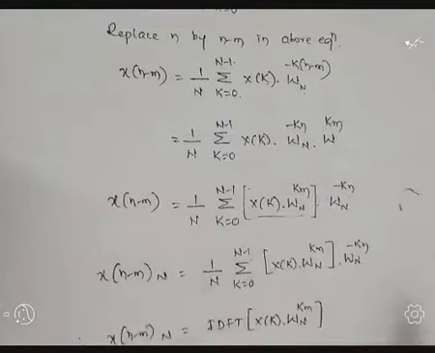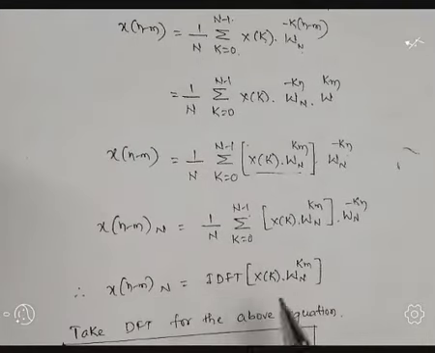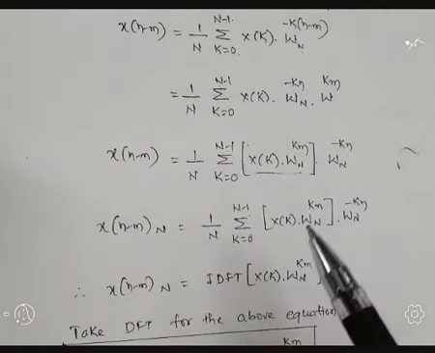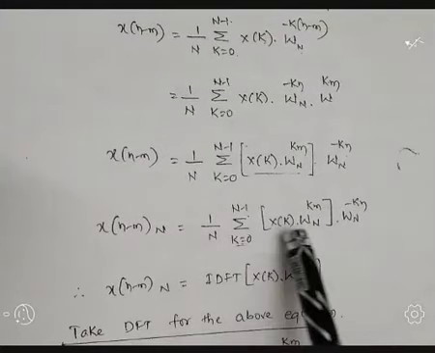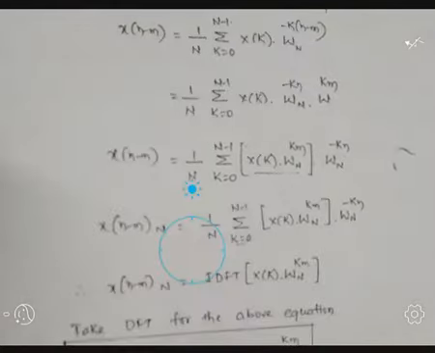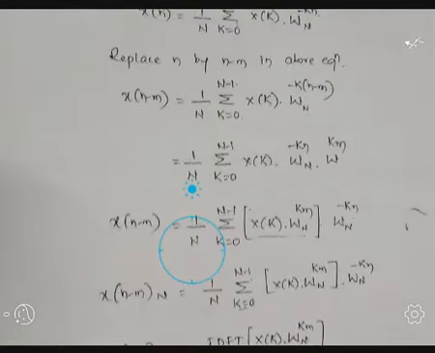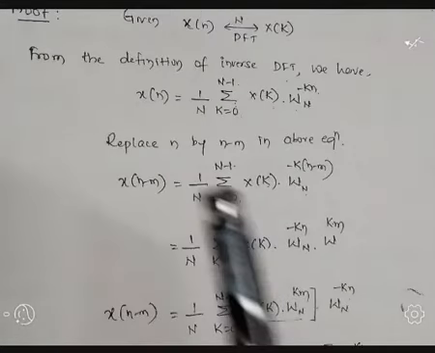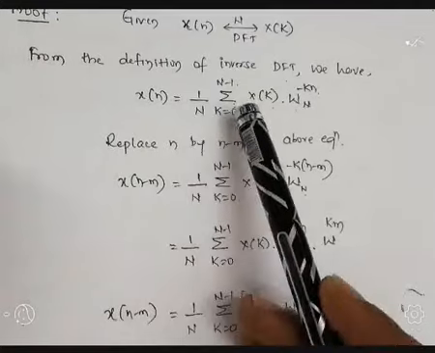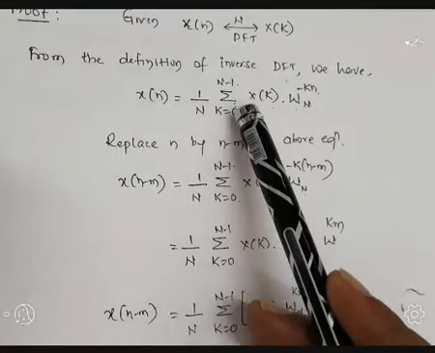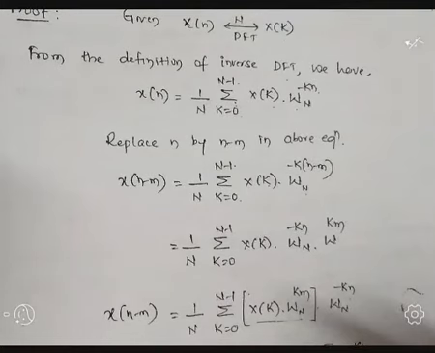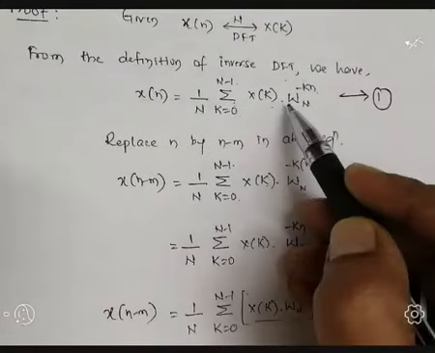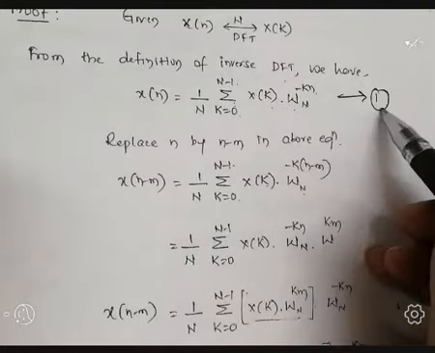You can compare this entire equation with the IDFT definition. First I will observe the definition of IDFT: x of n equal to 1 by N summation over k equal to 0 to N minus 1 X of k multiplied by W_N to the power minus kn. I am going to write it as equation 1.